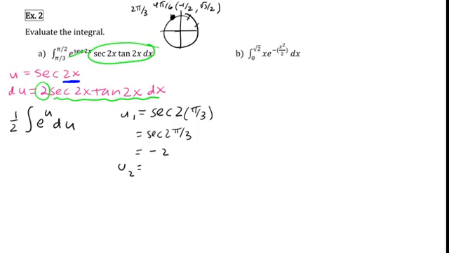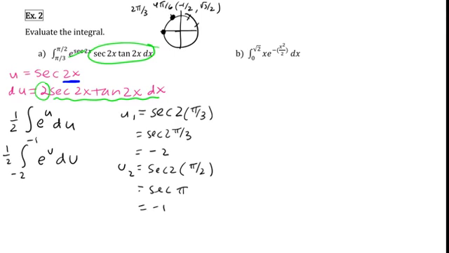Okay, u of 2. I need secant of 2 pi over 2. So that's secant of pi, here's pi, cosine is negative 1. So I have 1/2. I'm integrating from negative 2 to negative 1 of e to the u du. My bounds are now u values. I'm not going back to x's, so it's 1/2.